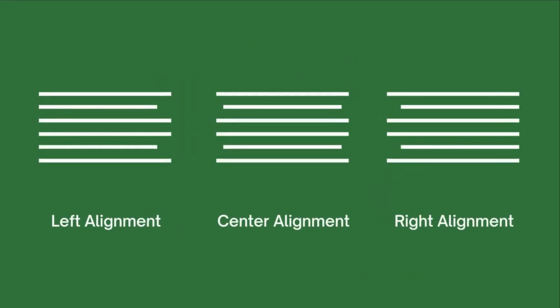So I know what you're thinking. When you think of alignment, you usually think na everything should be justified. And I'm here to tell you, no. Even though I get the fact that people like to put their things justified, everything's pantay na pantay and following this box or rectangular shape, sometimes you don't really have to do that to make your posters look nice.